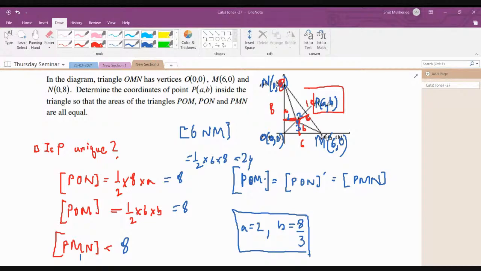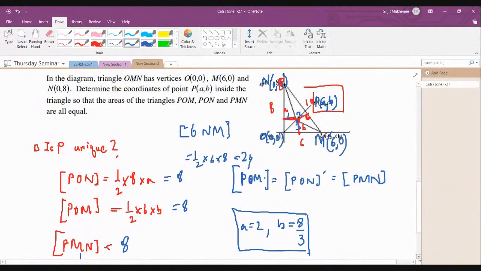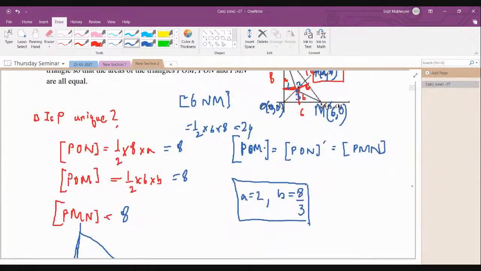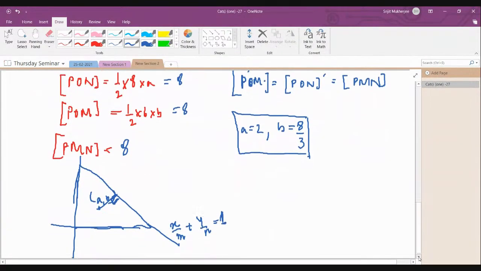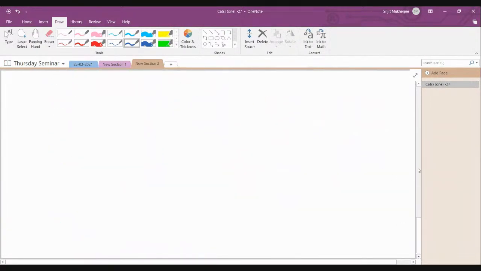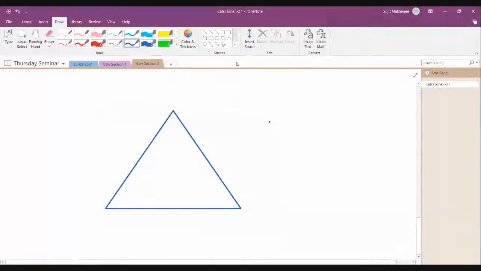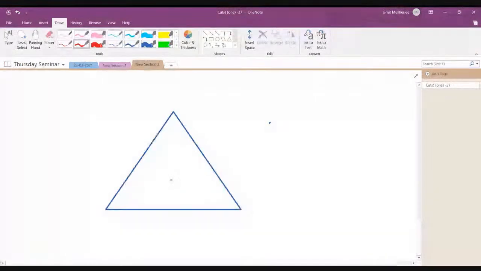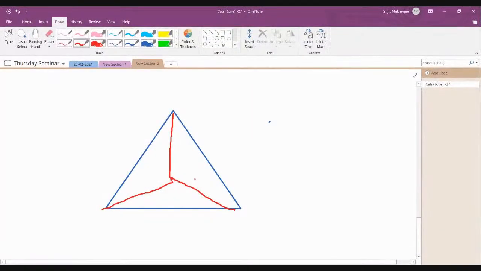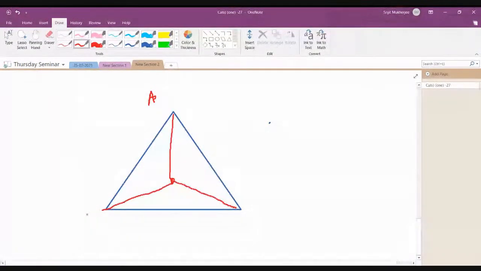No, we know A and B. See, Nijhar, I'm trying to generalize this problem to a general problem, okay? It's a right angle triangle problem given over here. My problem is now the following. Let's say it's a random triangle over here, and I am looking for a point such that all the three triangles have equal area.